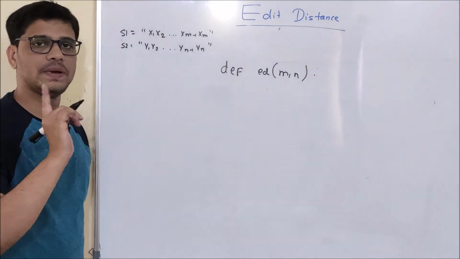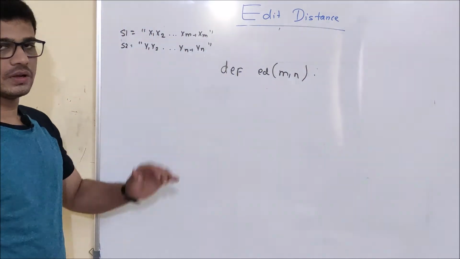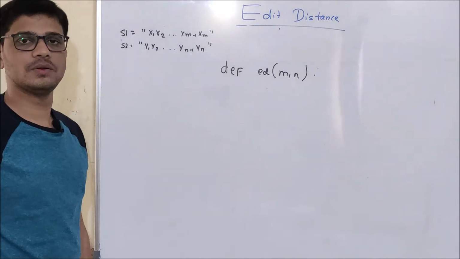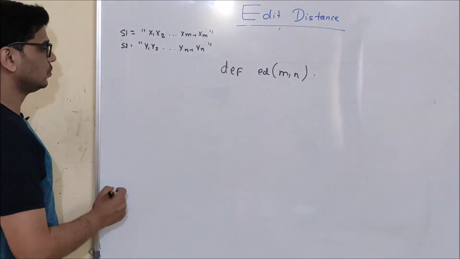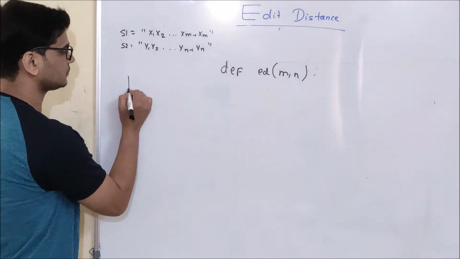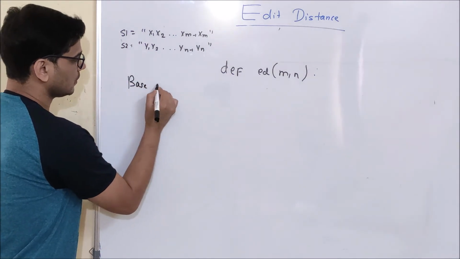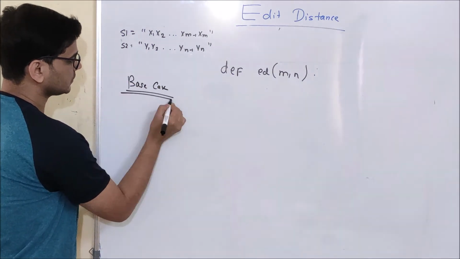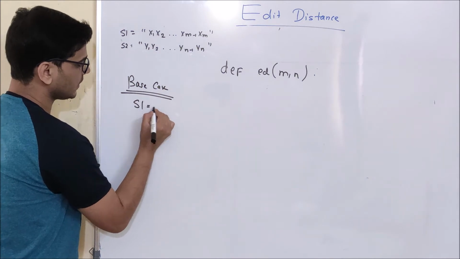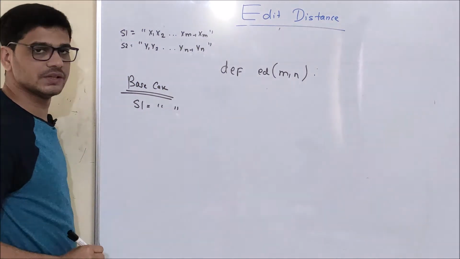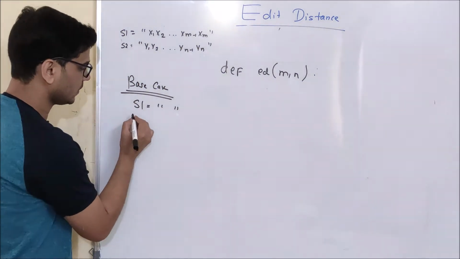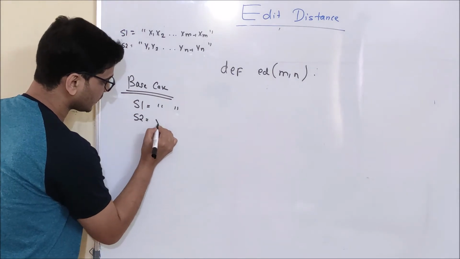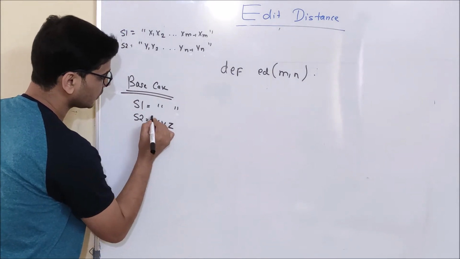Now base case. First of all, we need to see what will be our base case. So to understand the base case, let's see two examples. First example, suppose S1 is an empty string and S2 has some characters x, y, z.